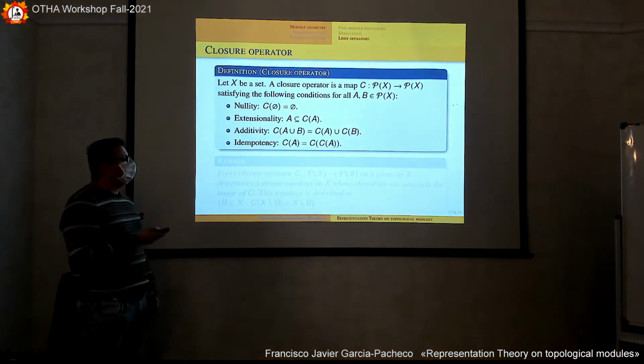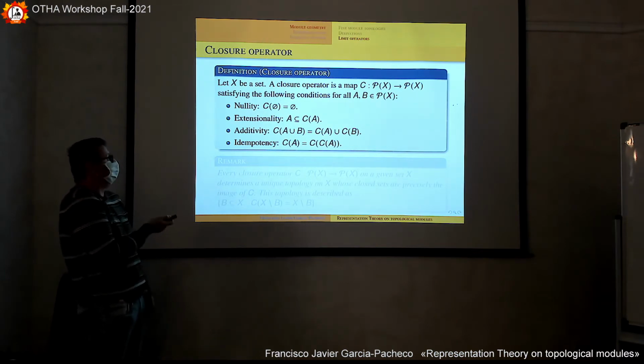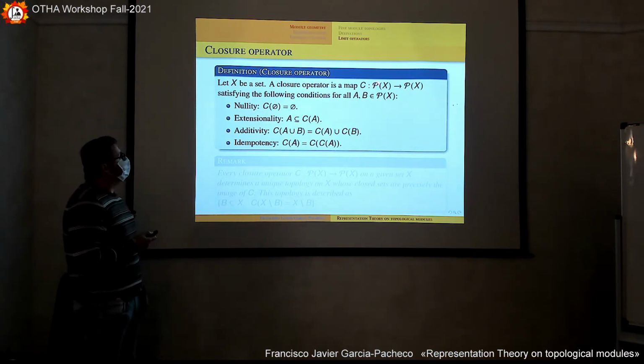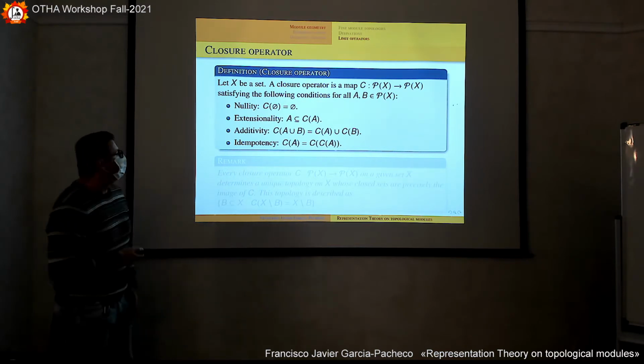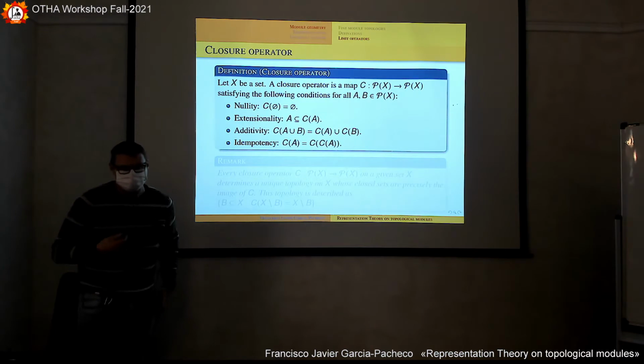A closure operator, which I mentioned before, is also a classical definition in topology. It's a special type of hull operator. It verifies nullity: it maps the empty set to the empty set. Extensivity, additivity, and idempotency. With these properties, you can prove that a closure operator is a good operator.